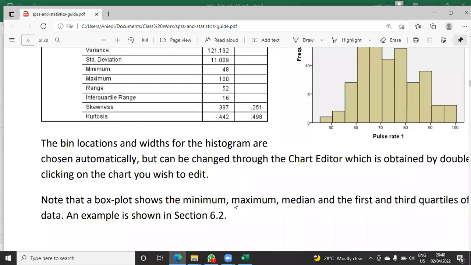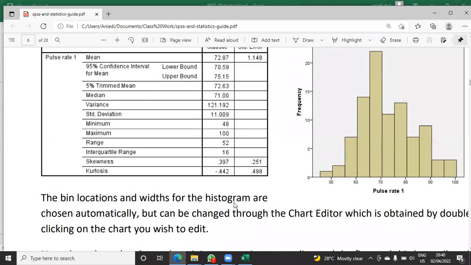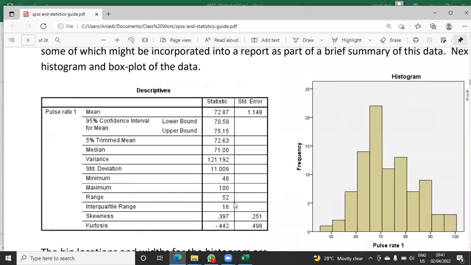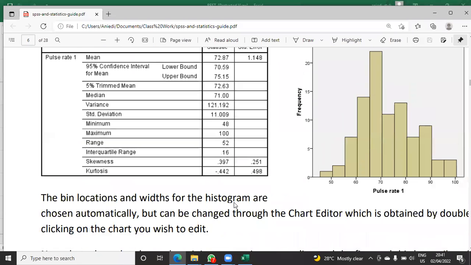So we can say that you cannot say this data is obtained from a normally distributed population. Which means it is just a sample data. You need to obtain several other sample data for you to be sure that the data is normally distributed.